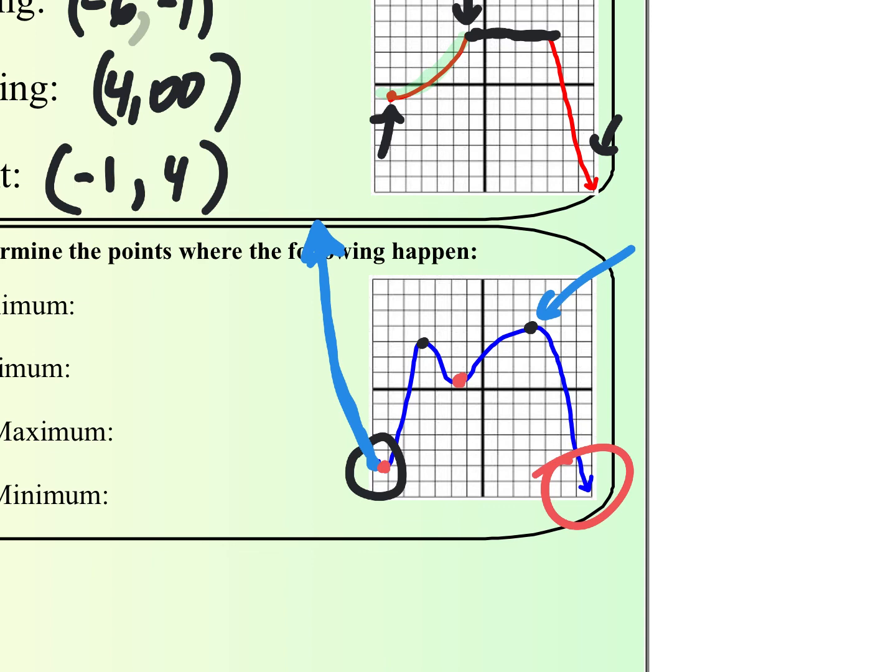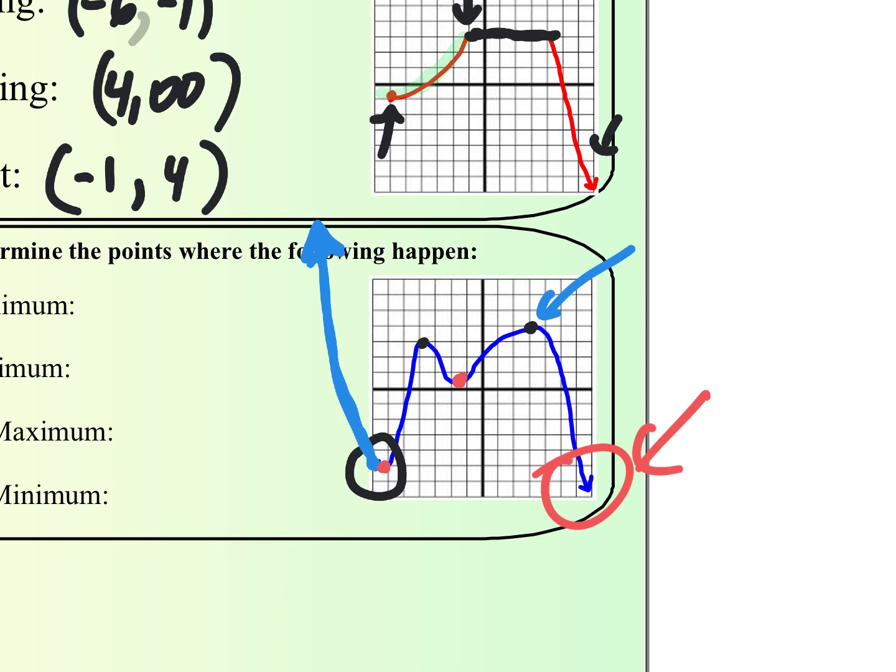Is the absolute minimum negative infinity? Or is it that there's no minimum? We get that this thing goes down, right? Keeps going down, and it will go down to negative infinity. But what should we say then? For the absolute min, is it negative infinity or there is no absolute min?